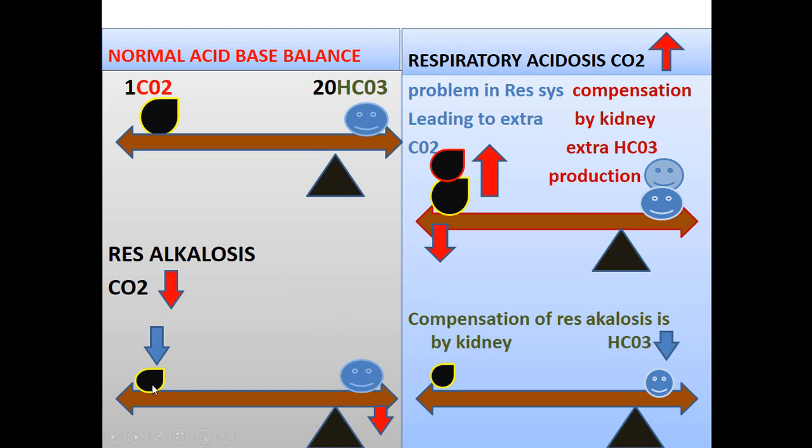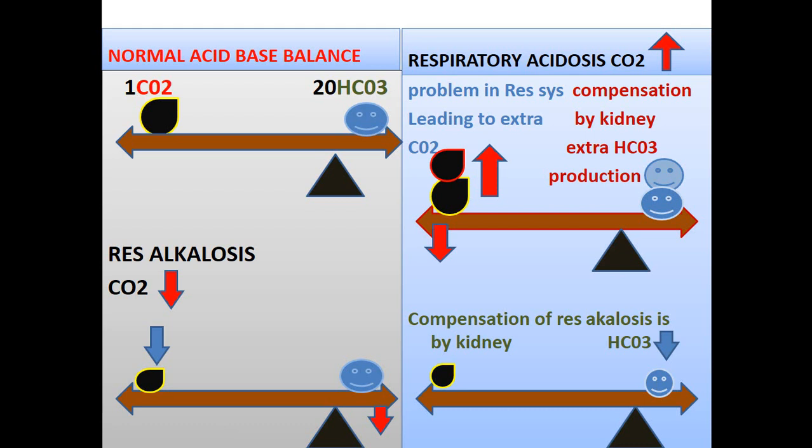Now how is it going to be compensated? This is done by the kidney. The kidney's production of bicarb is also reduced. So here, if you compare this size with this one, the kidney is going to compensate for this alkalosis.